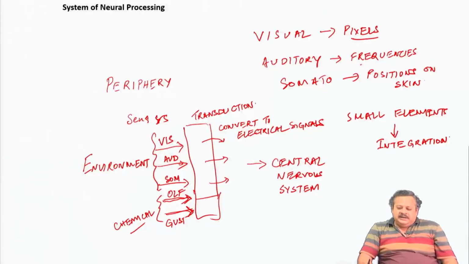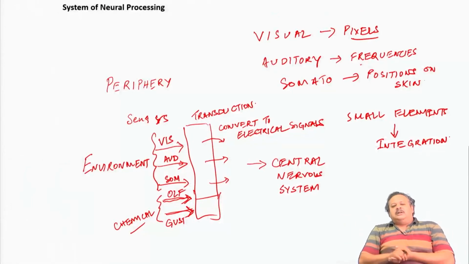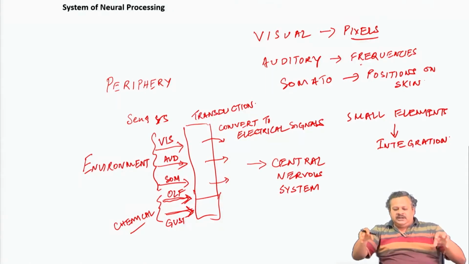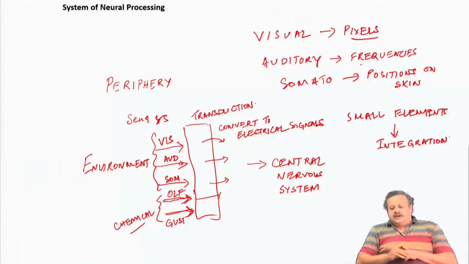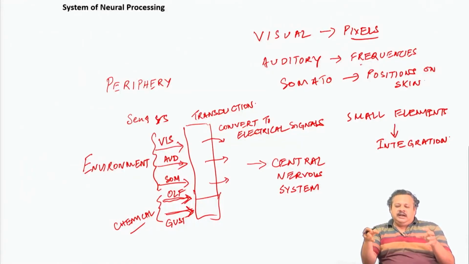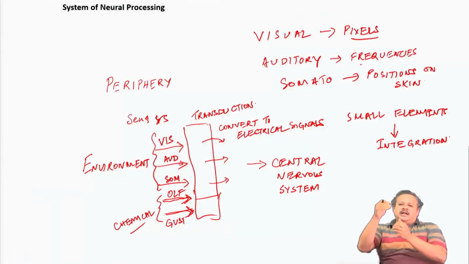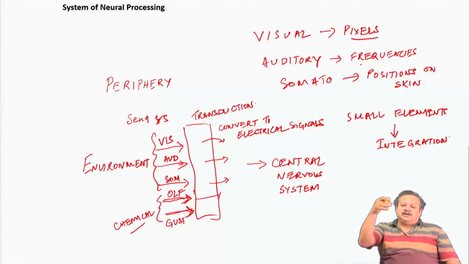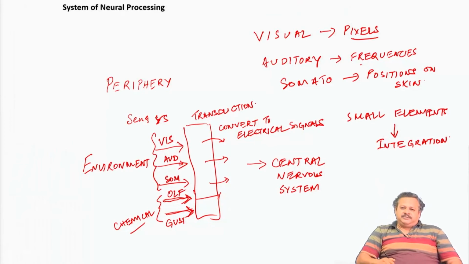What happens in this integration is basically depending on the requirement, depending on what the system is trying to achieve based on the external world, the system has evolved in such a way that it integrates information from these little elements, this broken down sensory world. It takes up different parts of it together, binds them together, and gradually in the hierarchy, this kind of integration keeps on happening until we form a percept.